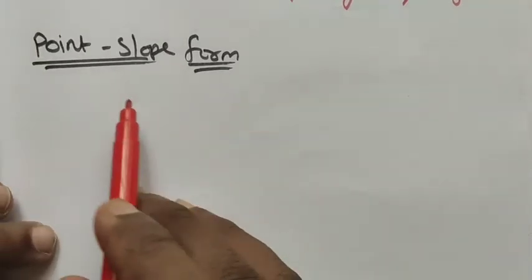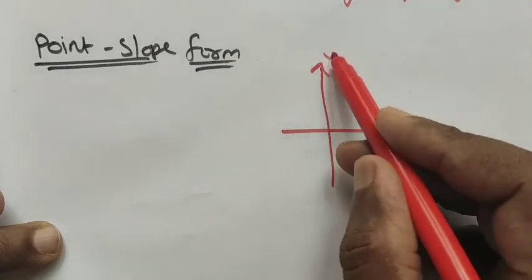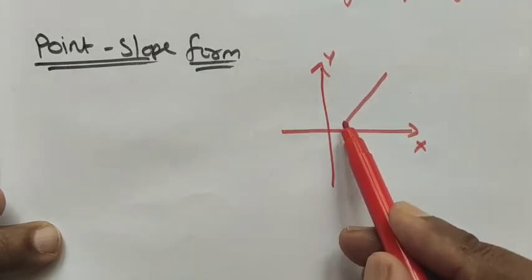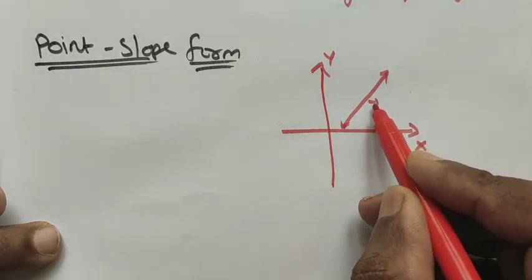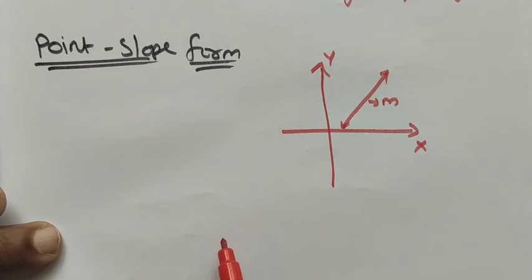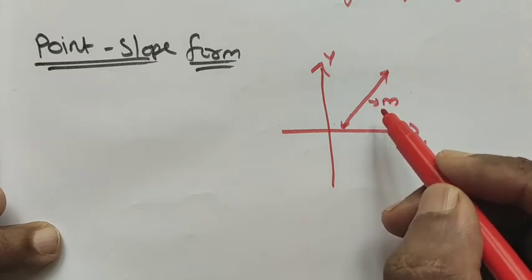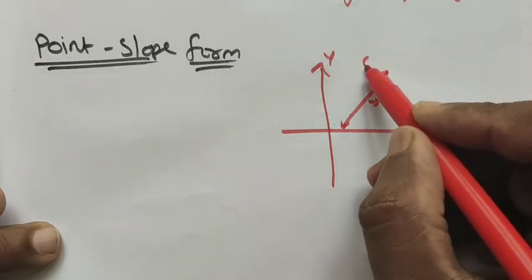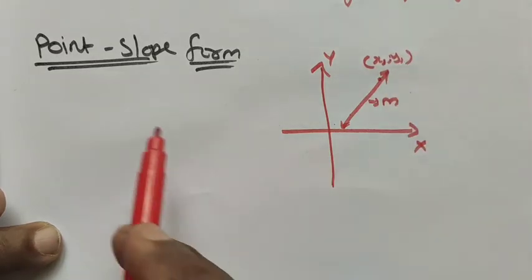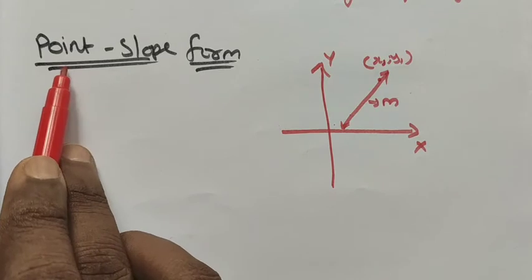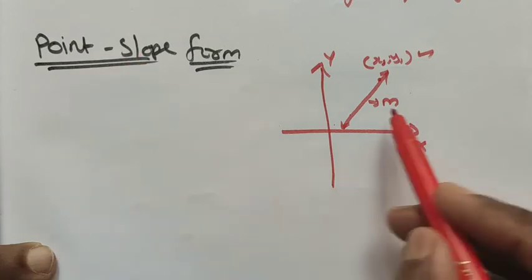See, the second method is point slope form. In an x and y axis, if the slope is like this, either this side or this side, whatever may be the slope, when the slope m is given, and one point is given, x1 y1, then if you want to use this form, definitely we need to know at least one point and one slope.